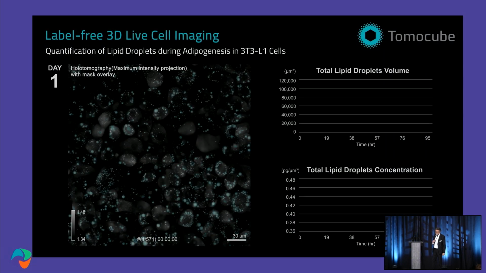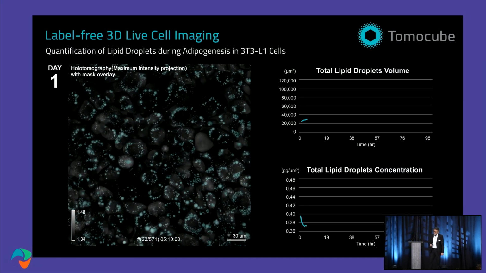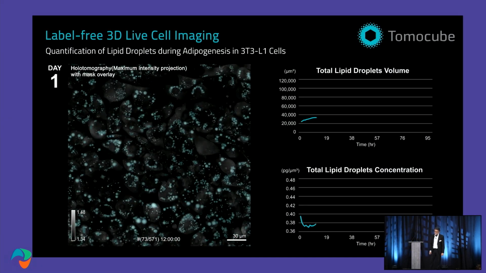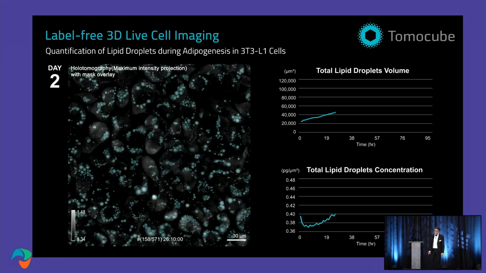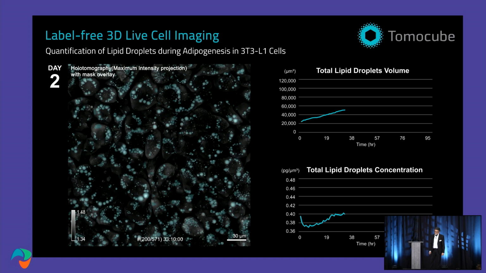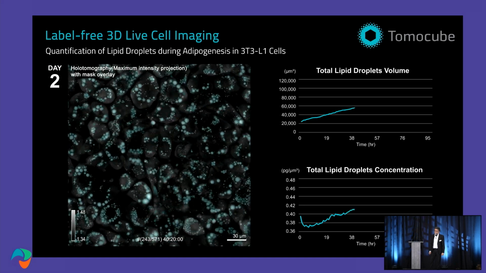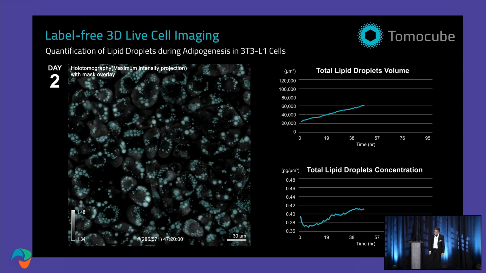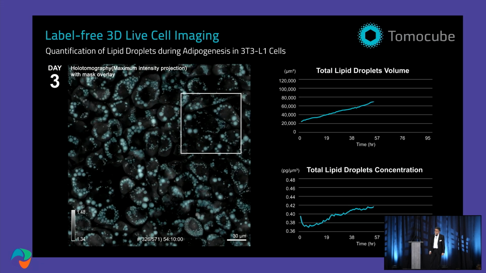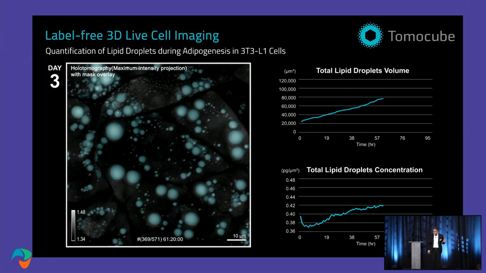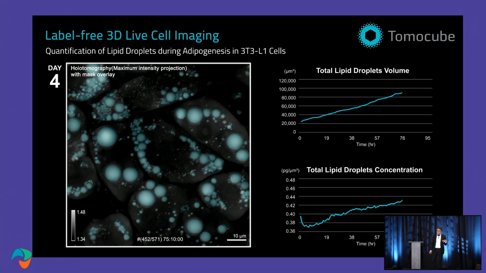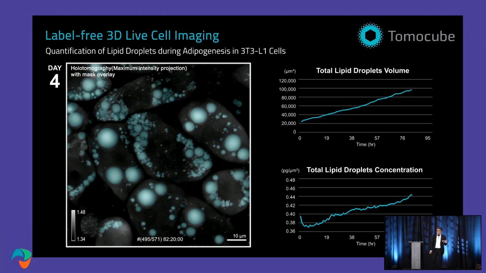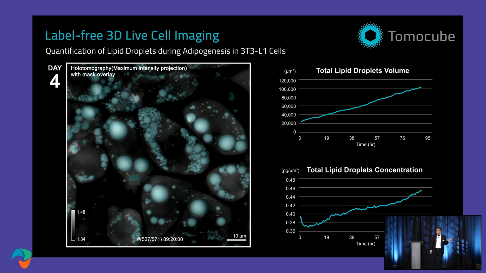So the last slide I will show you is here. If you look at the graphs, you can see measurements of lipid droplet volume and droplet concentration over 95 hours. So you can see that the lipid is being made. It is increasing slowly, as is the lipid concentration. So from the pilot experiment, we will get a lot of information on what the properties of adipose stem cells are in lipedema, in obese, and in lean.